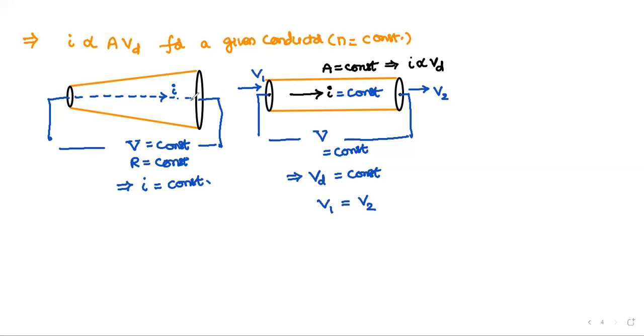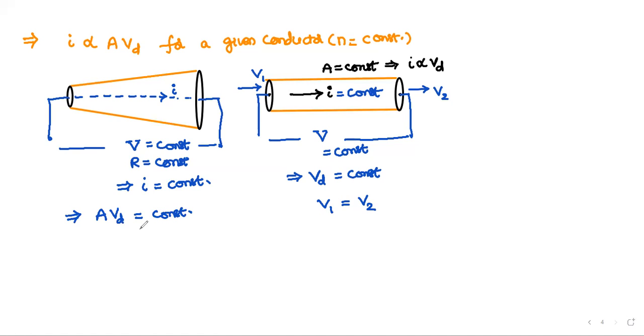If I is constant, then A into Vd is constant, and it looks like the equation of continuity from first year.